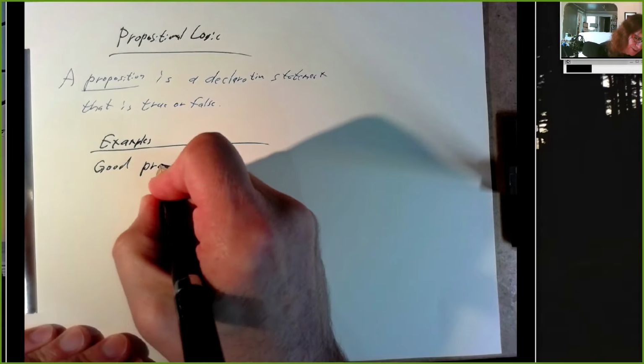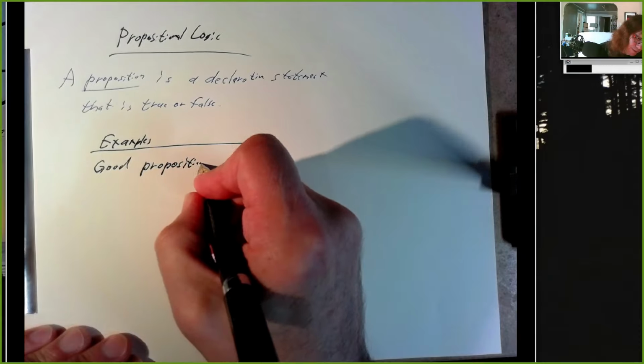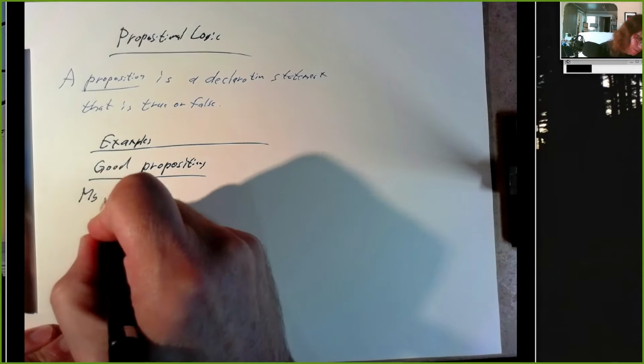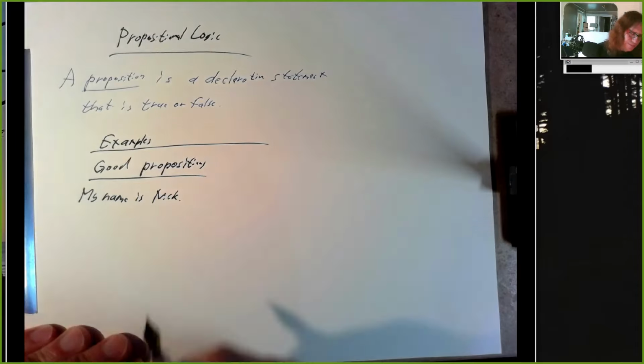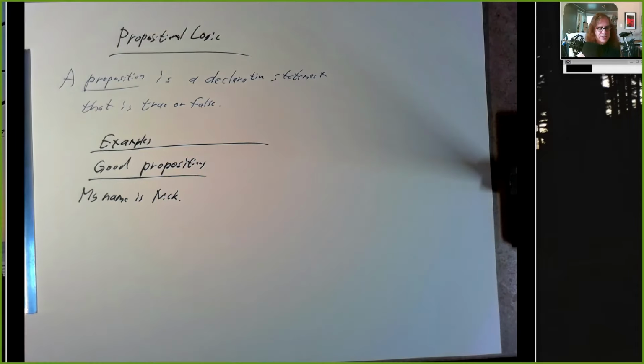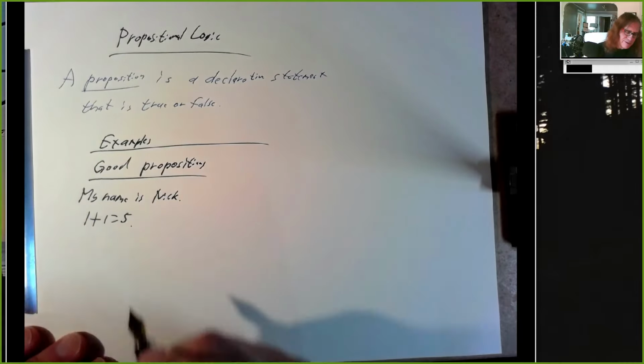Over here we'll list some good propositions. My name is Nick. It's a declarative statement that has a truth value. That's a good proposition. 1 + 1 = 5.